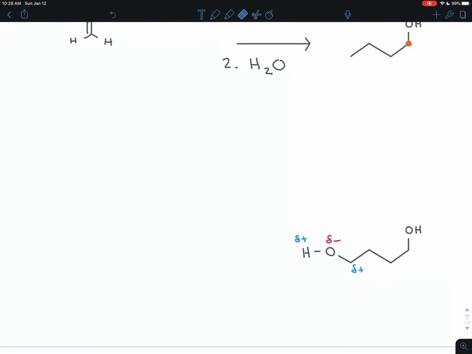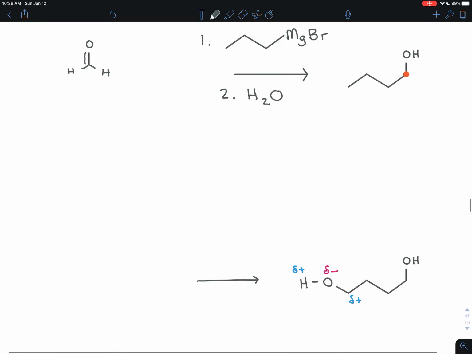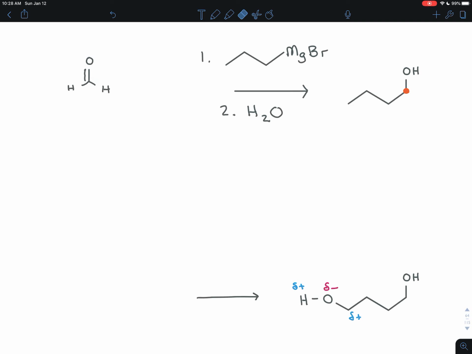Is the process of making this molecule here the same as making the one above? In other words, can you say, okay, I want to make this alcohol.